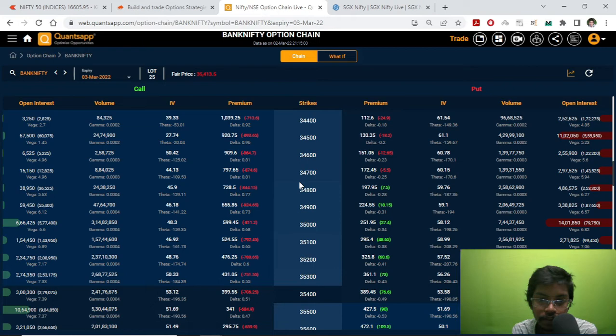But then quickly moving on to Bank Nifty. So about Bank Nifty, yes. Again, it was pretty much a very weak session for Bank Nifty. So that's about the very top view.